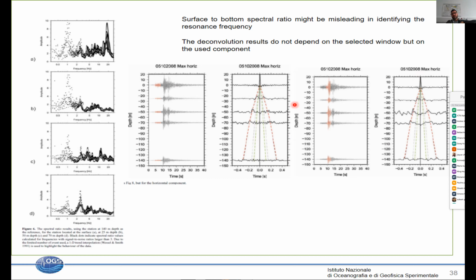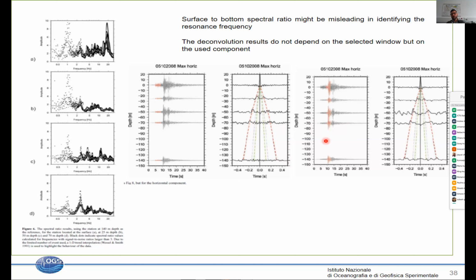The other important result of this study, which was confirming some previous results, was that if I'm looking at the horizontal component and I want information on the S-wave propagation, it doesn't matter if I use a P-wave window or an S-wave window, but it's important that I use the horizontal component of motion.